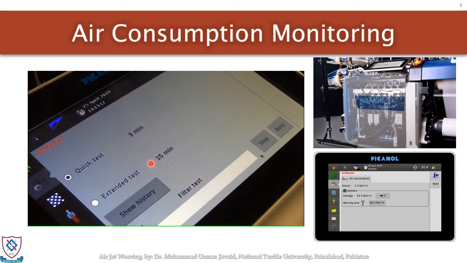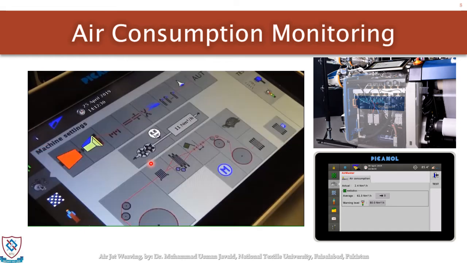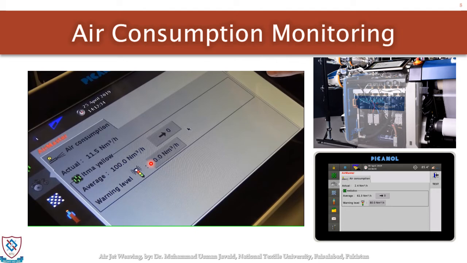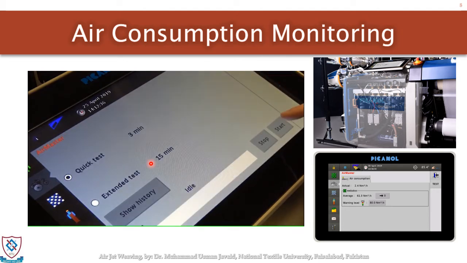Once we know how much air is being consumed on some machine, we can monitor it and find ways to reduce it. Even the software suggests how the minimum use can be followed and applied.